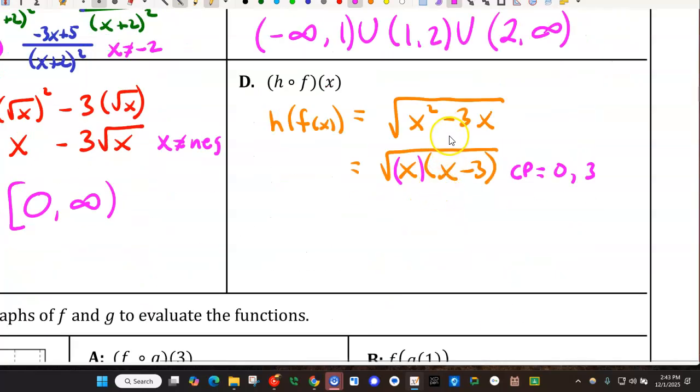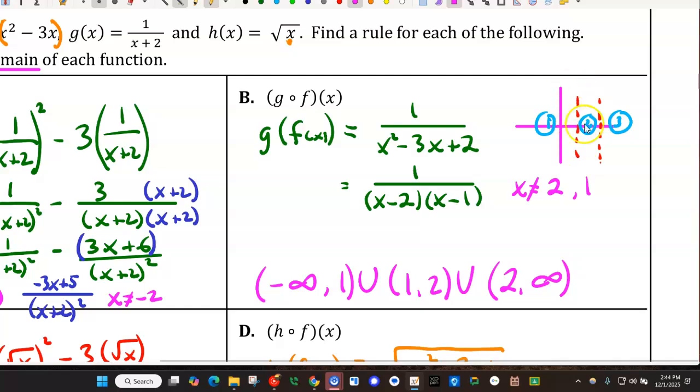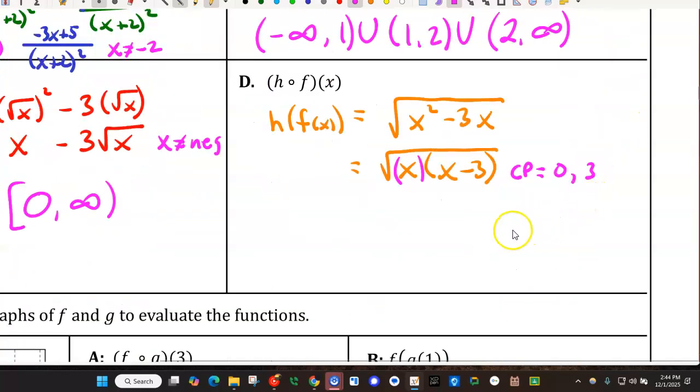So what we want to do is, we have 3 regions once again. Just like we had 2 vertical asymptotes, so we had 3 different regions. We have the same thing here. We have 0 and 3. We just need to find out what values give you positive numbers, not negatives. This is how we checked for critical values back in Unit 1.